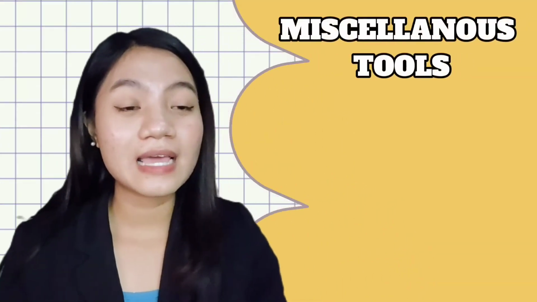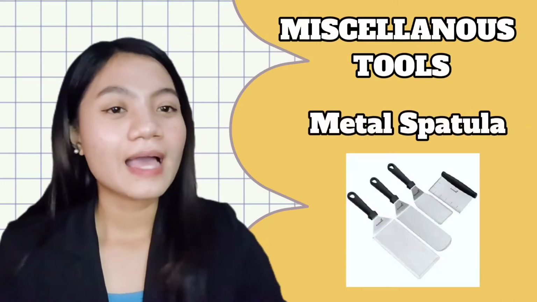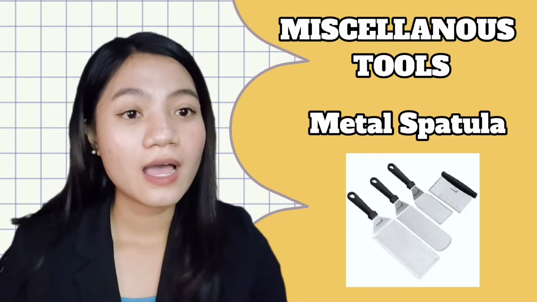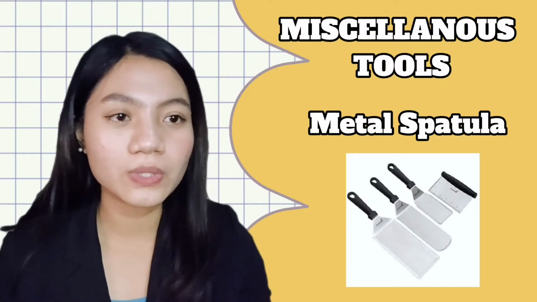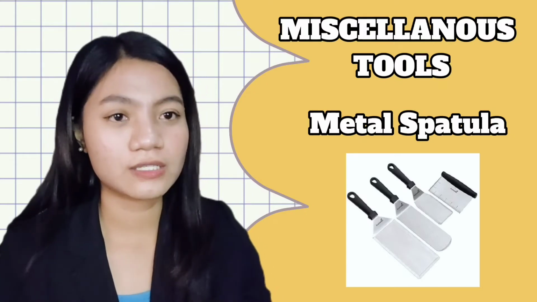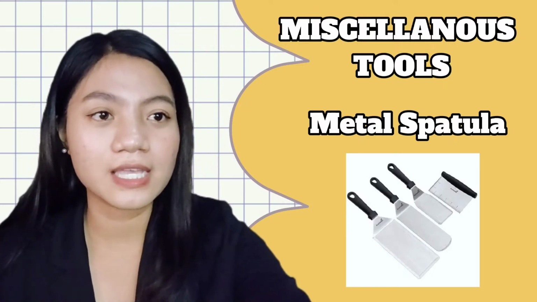How about miscellaneous tools? First, the metal spatula comes in different sizes. Small spatulas, which are 5 to 6 inches, are used to remove muffins and molded cookies from pans. A large spatula is for icing or frosting cakes.